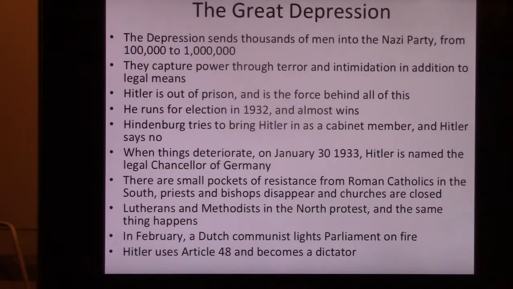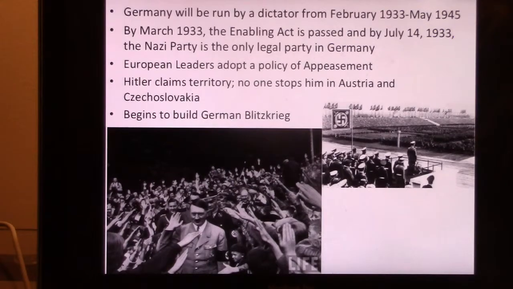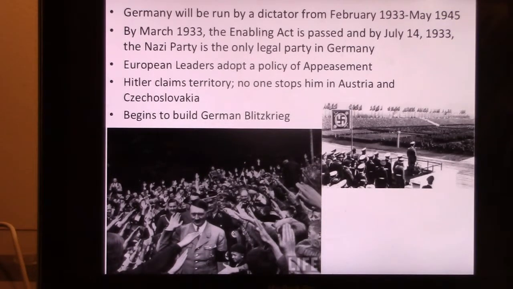So he points the finger and says, oh my gosh, I must declare martial law. I must become chancellor and become a dictator using Article 48 because I've got to keep you safe from the communists. So from February of 1933 until May of 1945, with Hitler's death, Germany becomes run by a dictatorship.